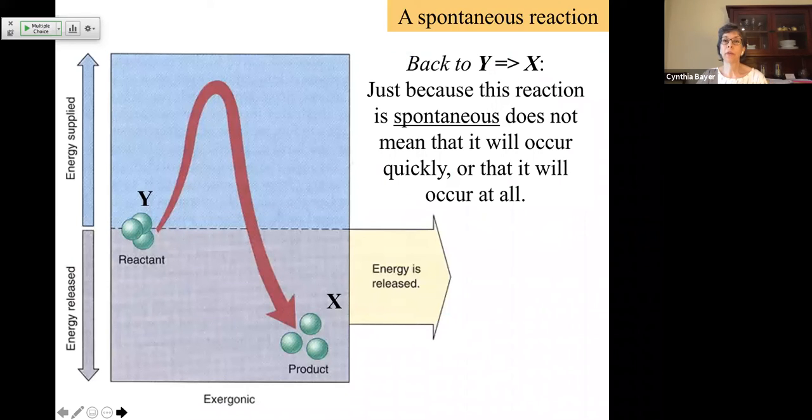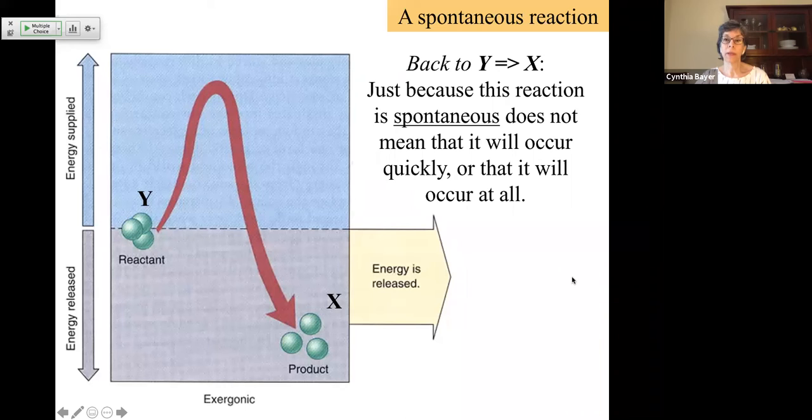So let's go back to some of these individual reactions. For example, one type of reaction is spontaneous. Y has higher free energy than the product X does. The conversion of Y to X releases energy.